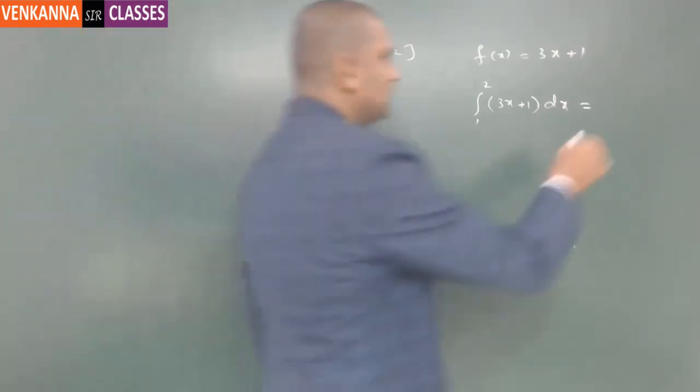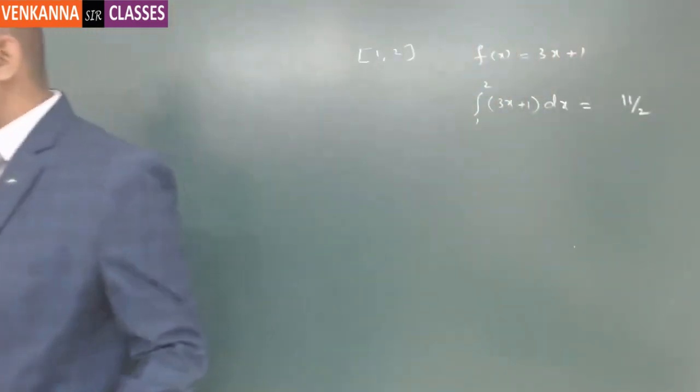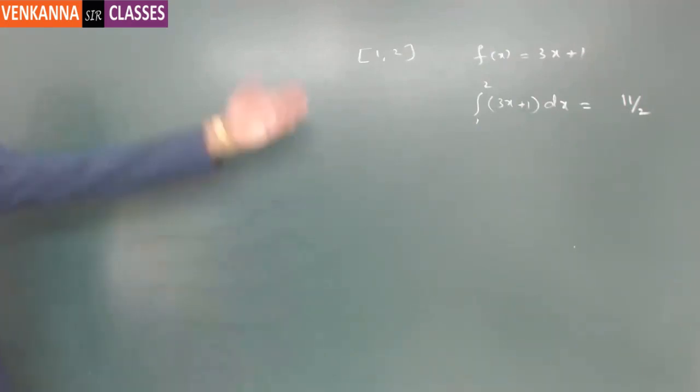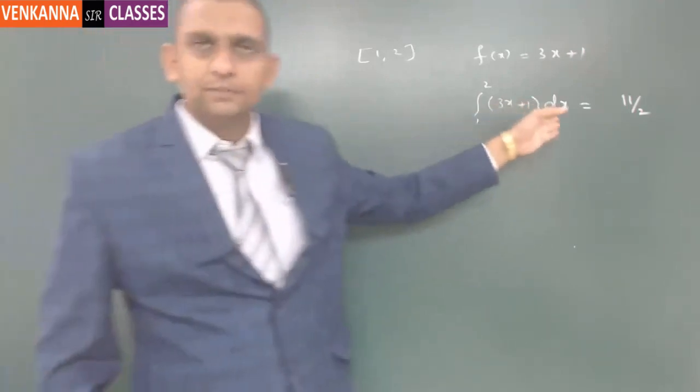Right? So the value is 11 by 2. So everyone accepts this value 11 by 2. Any queries? Right. Now using the technique of Riemann integrability, we are going to obtain the same value.